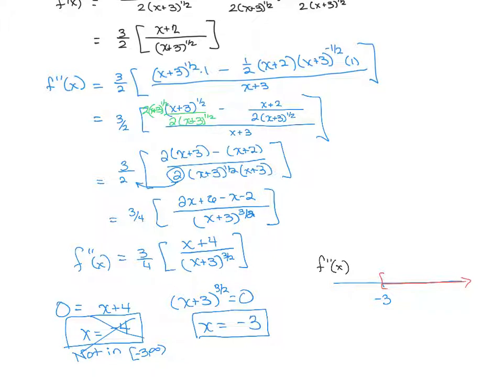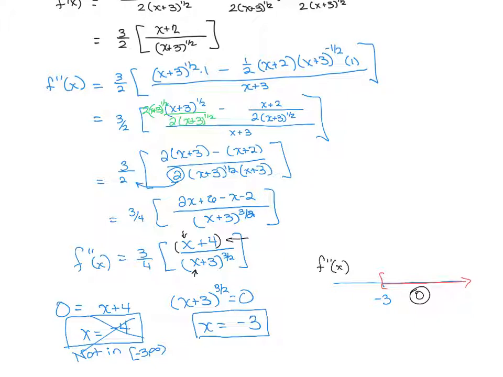So if we put 0 in for x, the denominator of our second derivative is always going to be positive because we're taking a square root, and that's why we made the domain bigger than -3. So we really only care what's going to happen in the numerator, x plus 4.